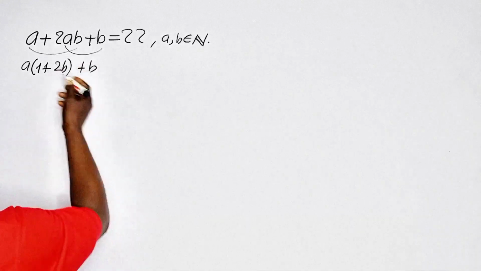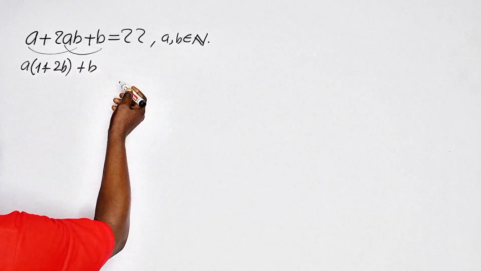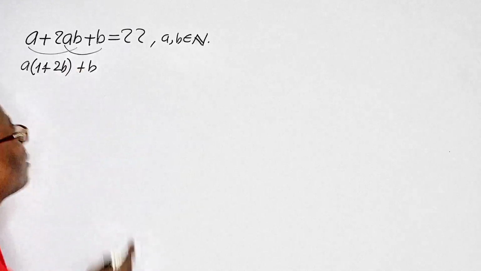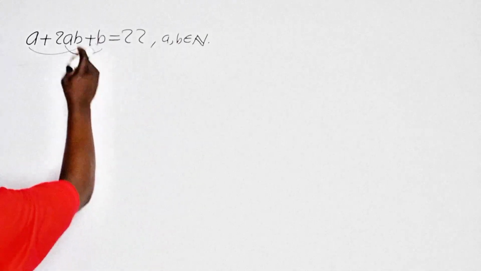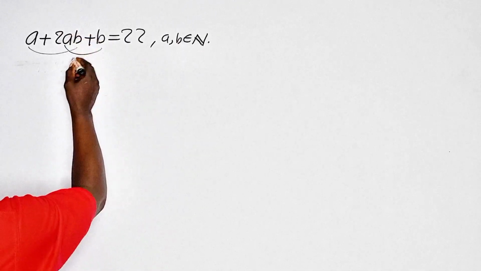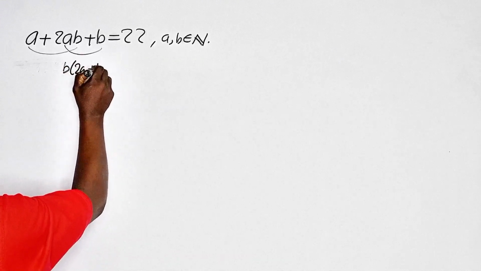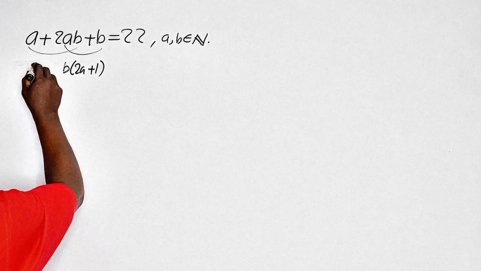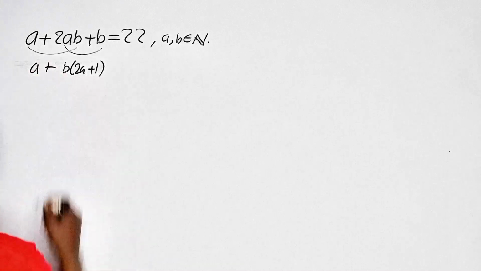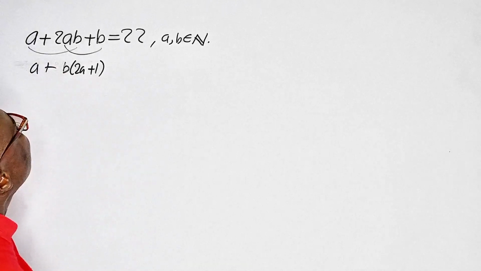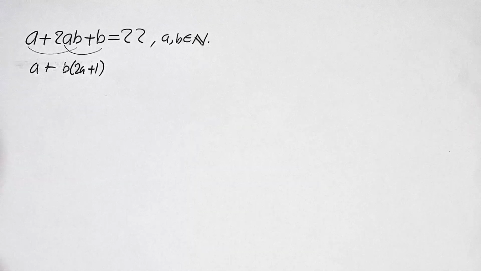There's not much we can achieve to factorize the left-hand side. If we consider the other two terms, b is common, so we have b into 2a plus 1, and then there will be a here. There's no way forward to factorize this expression further.